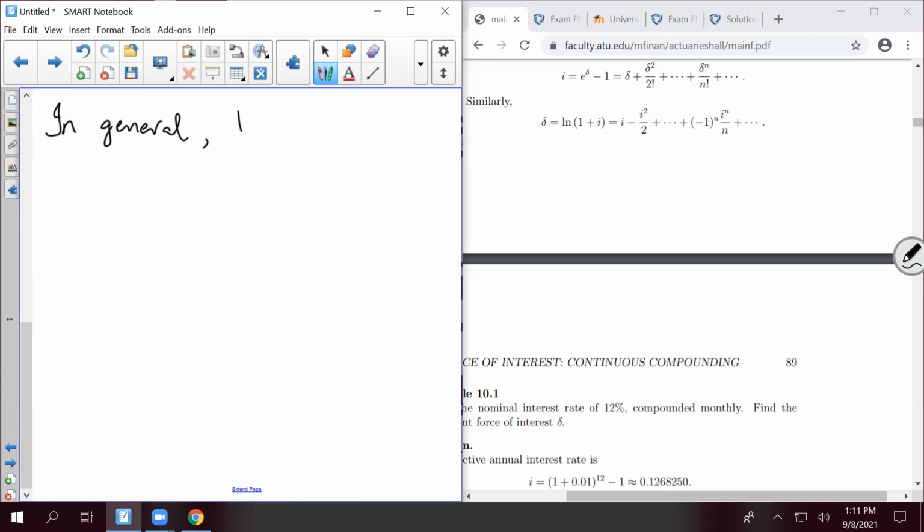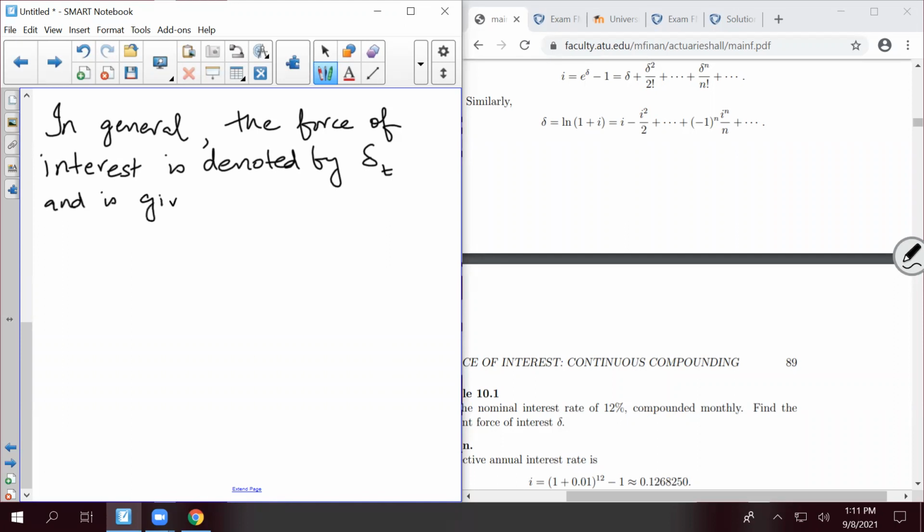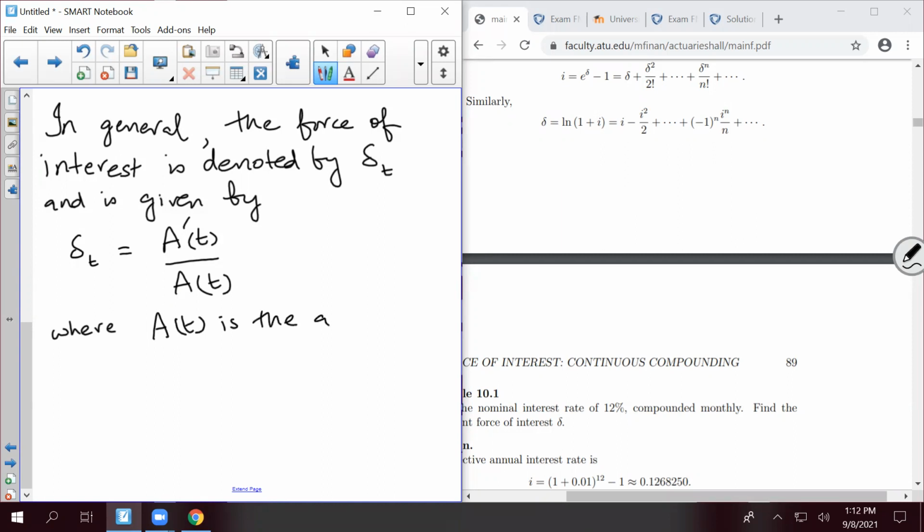In general, the force of interest is denoted by delta subscript T and is given by delta T equal to A prime T over A T, where A of T is the accumulated amount at time T.